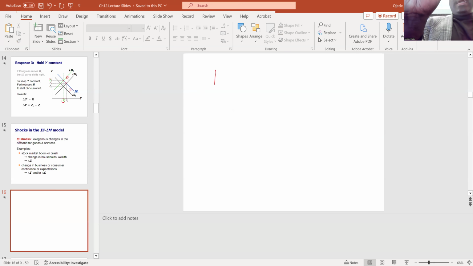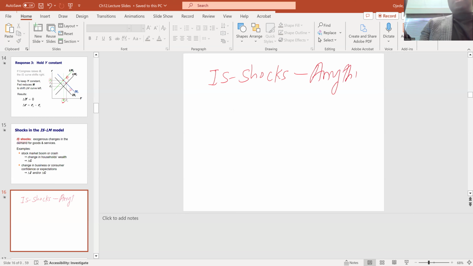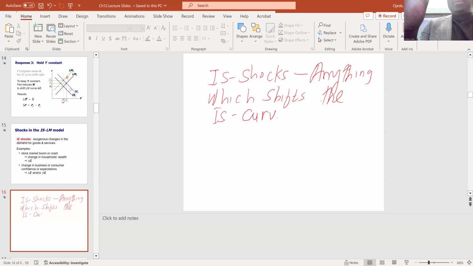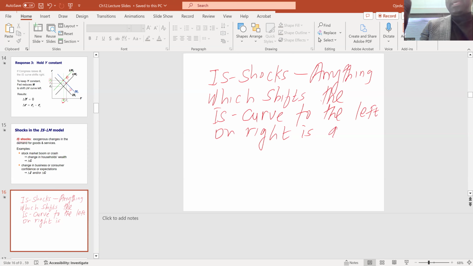So when I talk about IS shocks, right now you all know what shifts the IS curve. So anything which shifts the IS curve, including fiscal policy, to the left or right, is an IS shock.